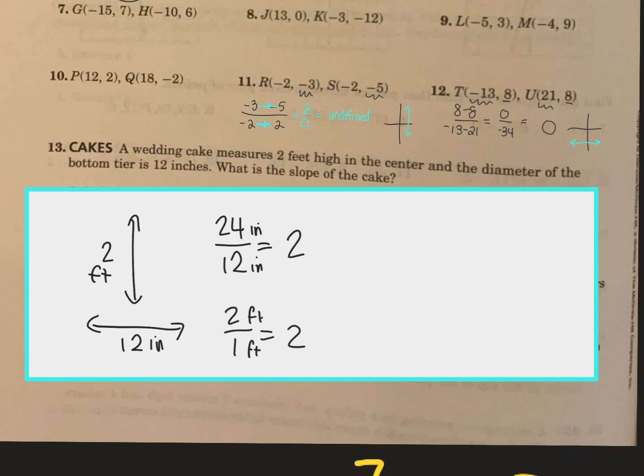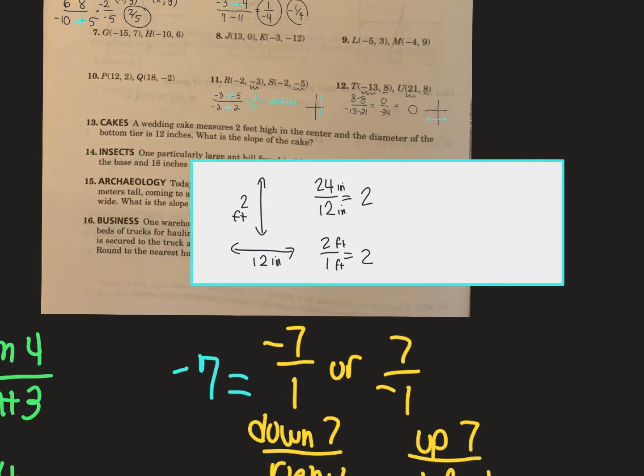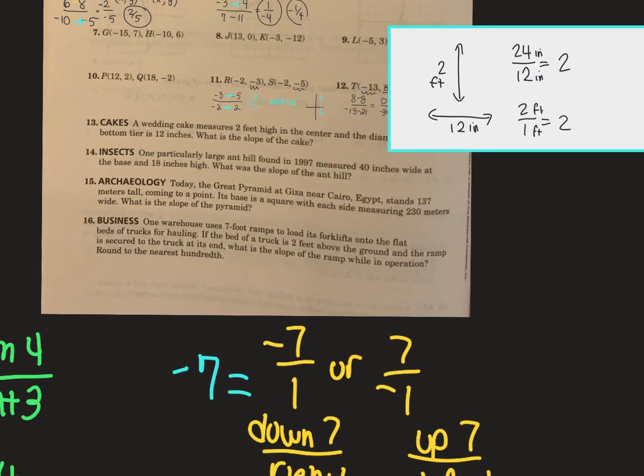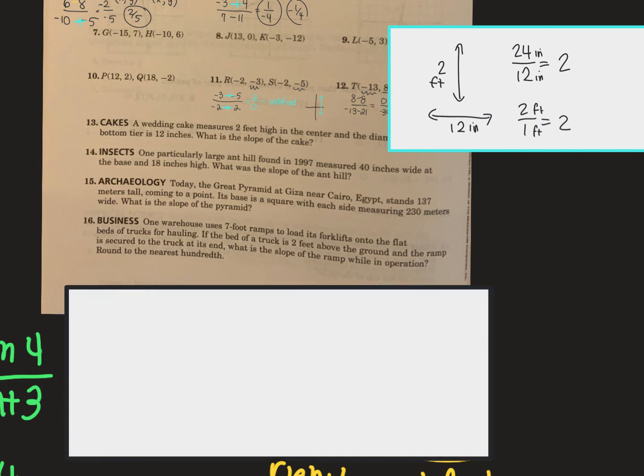Okay, let's look at another one of these word problems. Let's see if we can move this off to the side and get us a new box. All right, let's do number 16. One warehouse uses 7-foot ramps to load its forklifts onto the flatbeds of a truck for hauling. If the bed of a truck is 2 feet above the ground and the ramp is secured to the truck at its end, what is the slope of the ramp while in operation?